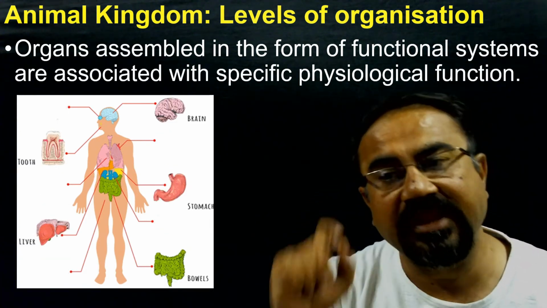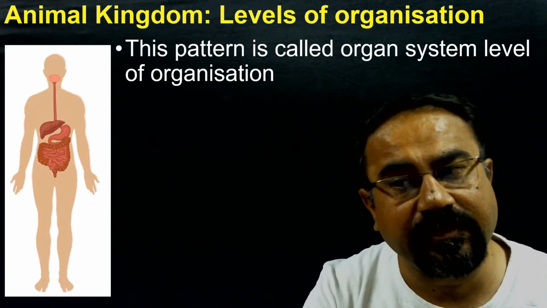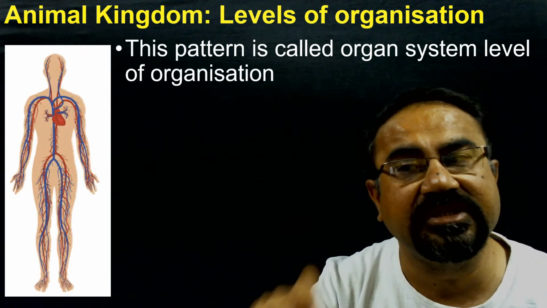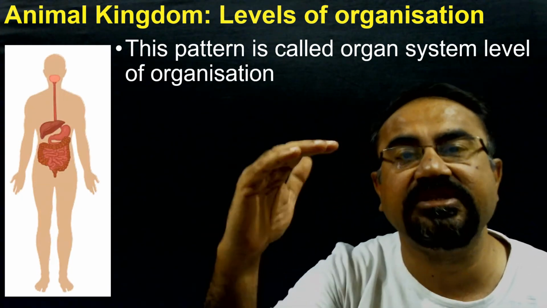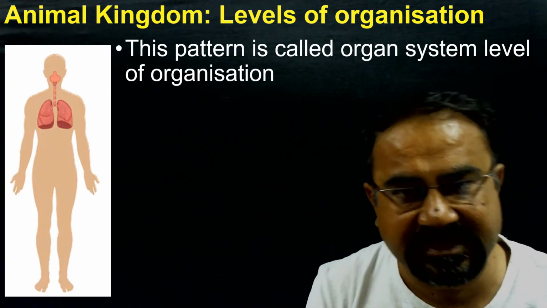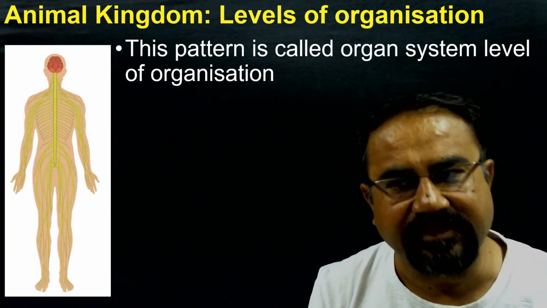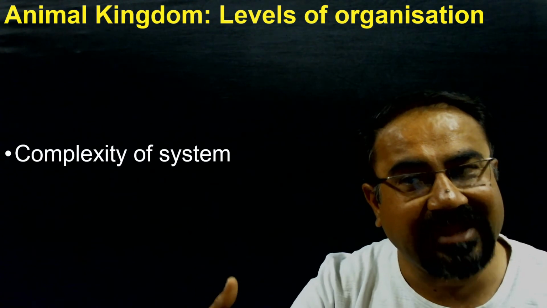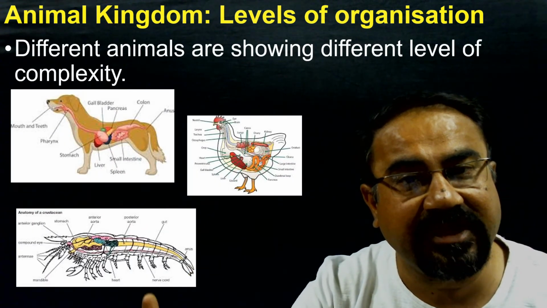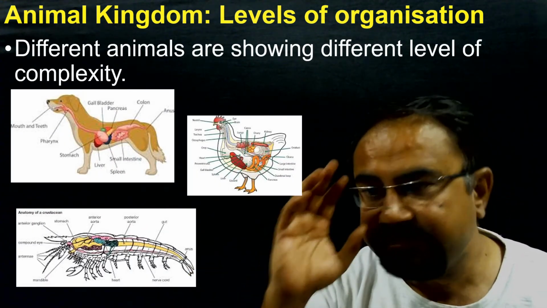That particular pattern is known as organ system level organization, where the system makes up the entire organism. अभी वो सिस्टम जो है उसकी कॉम्प्लेक्सिटी होती है, and that complexity is different at the different levels of animals.